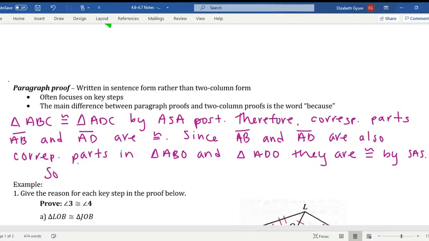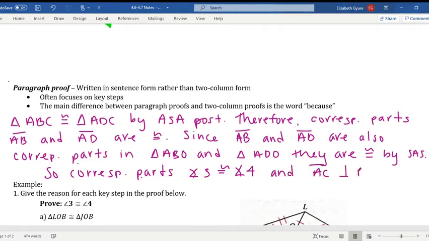So corresponding parts, angles 3 is congruent to 4, and segment AD would therefore have to be congruent to segment BD. Again, when you're writing this independently, there's 1,000 different ways to write it, right?